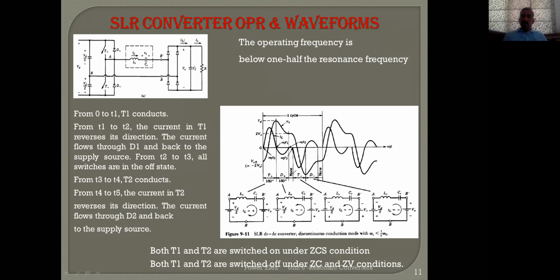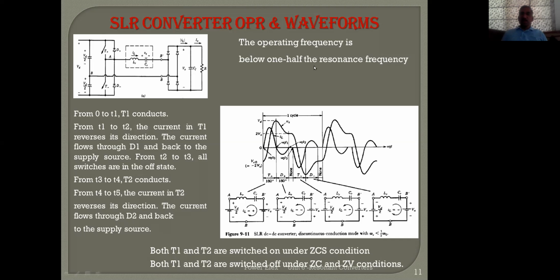So this falls under the typical discontinuous mode of operation. During this period, as there is no conduction, it comes to discontinuous mode. And for this, you know that the operating frequency of this circuit, F0 or omega 0, is below half of the resonance frequency. So here resonance won't occur, remember.